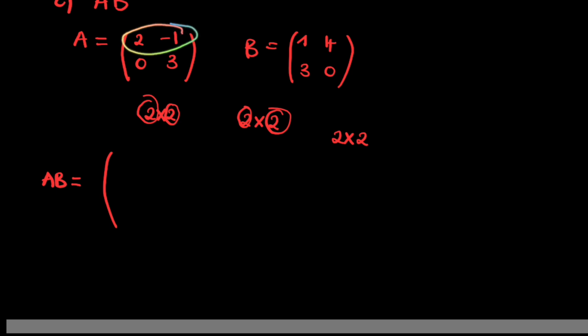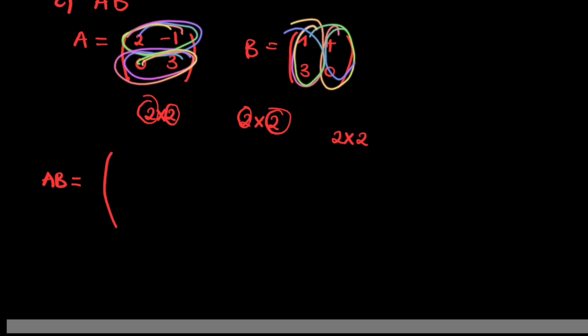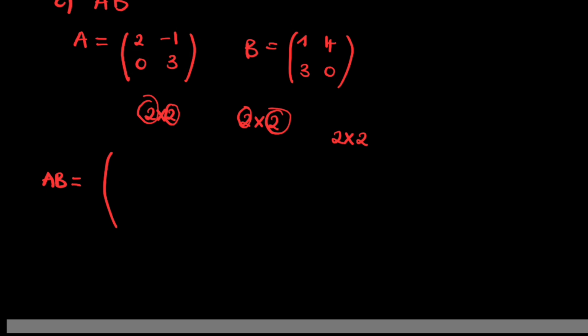So we are doing a row by column, this times this plus this times this. So we are going to have 2 times 1 plus 3 times minus 1.